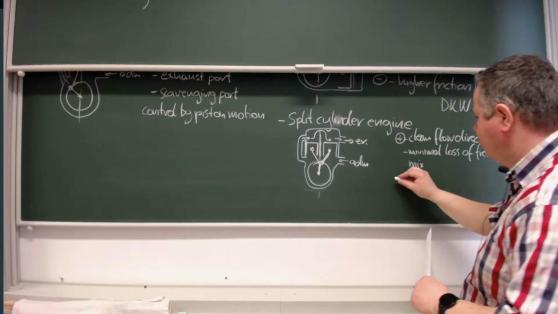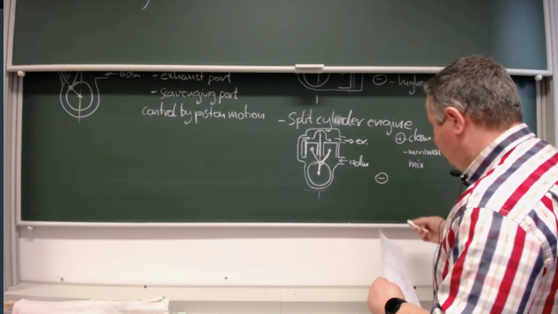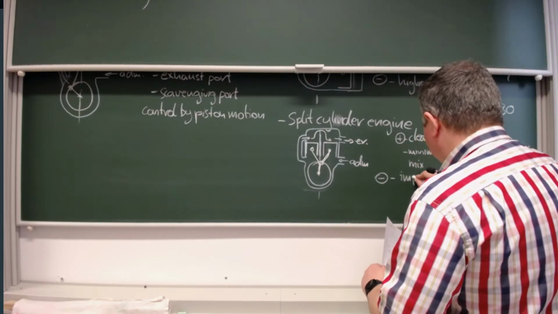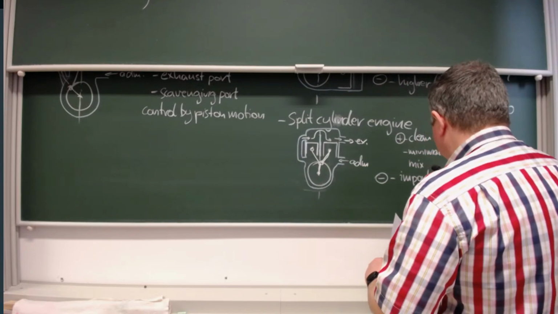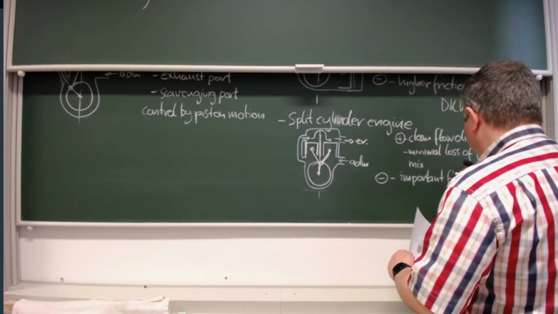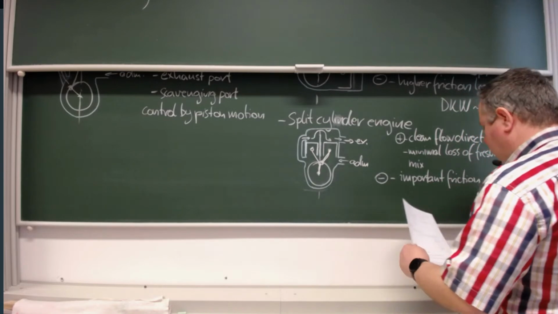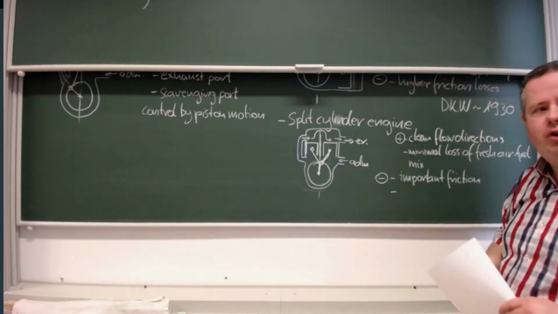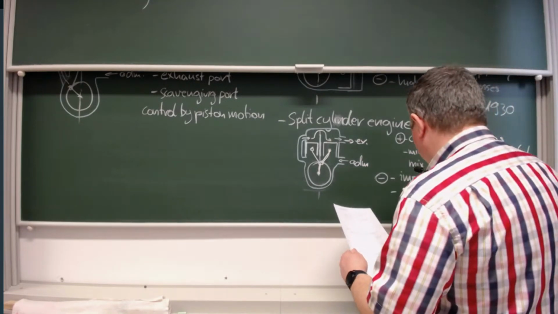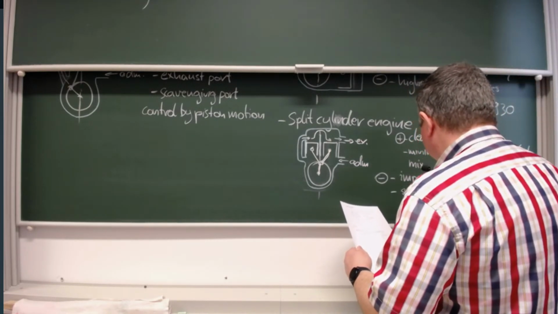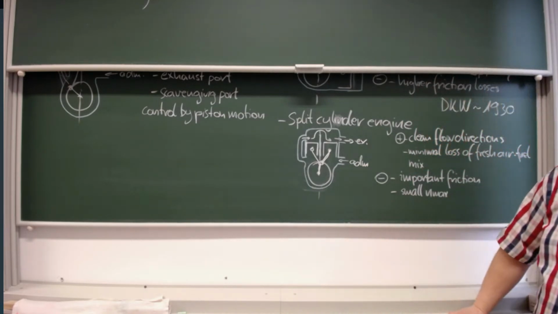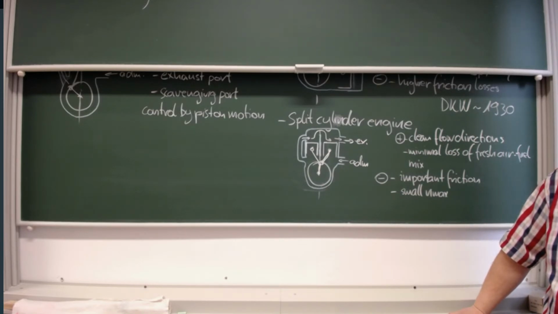But still, there are some disadvantages, like important friction still. To avoid high friction, you get a small maximum RPM. If I say small, I mean in the order of 4,000, and for sure not over 5,000.